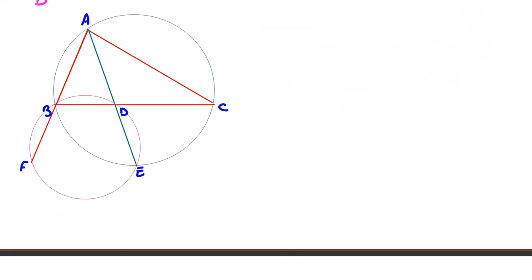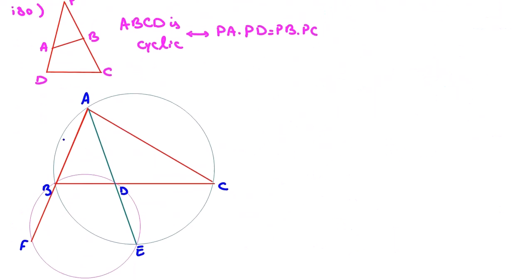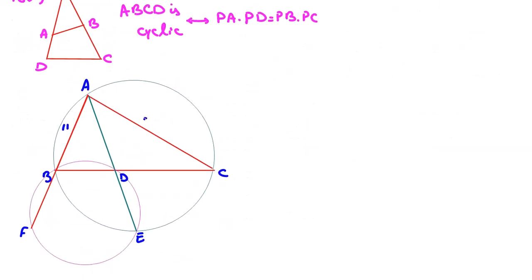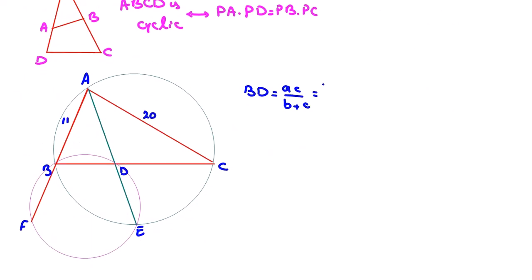Okay, let's use formulas to write all lengths that are possible. C is 11, B, or AC, equals 20. Now, by the formula, BD equals AC over B plus C. A is 24, so it will be 24 times C, which is 11, over B plus C, which is 31.